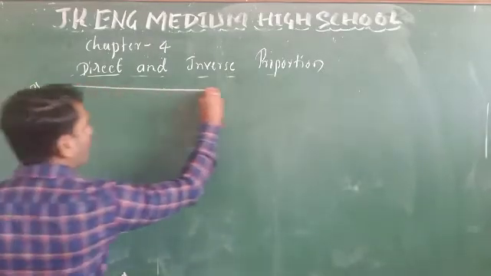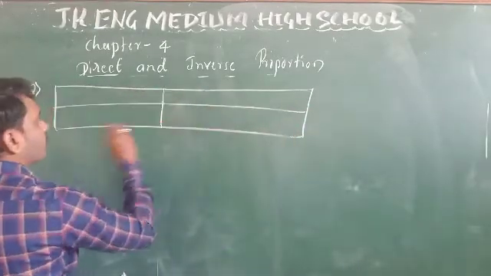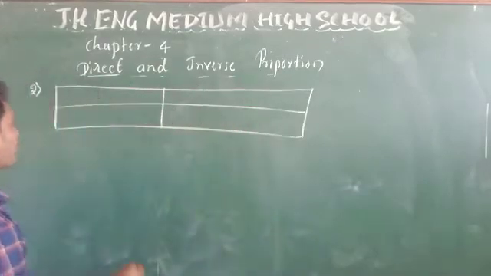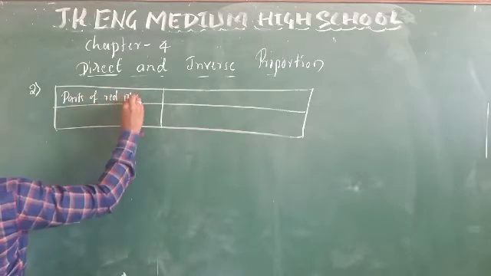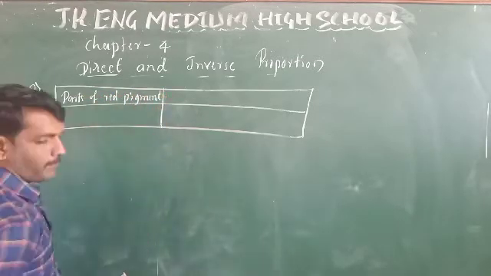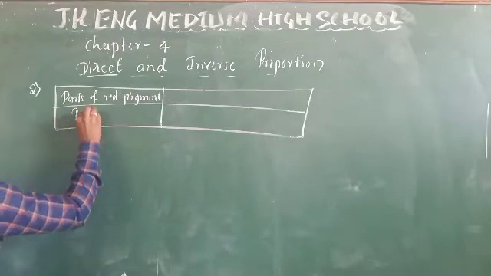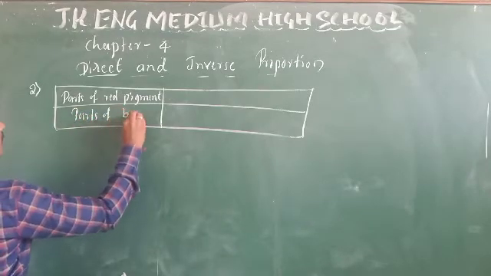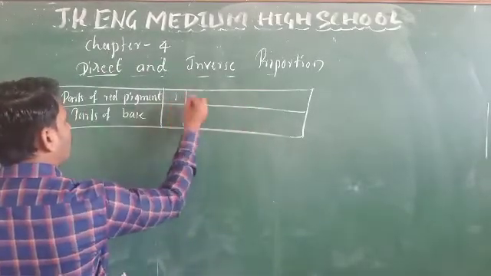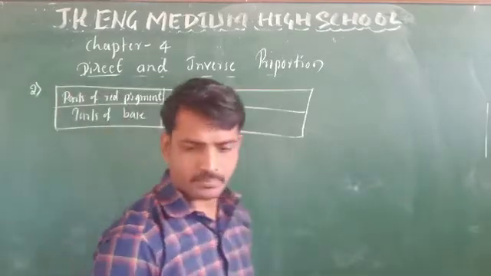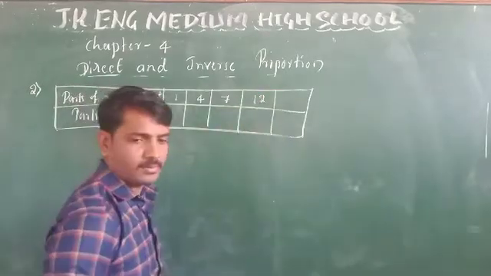Question number 2. This is the table. First one, parts of a red pigment, parts of base. So 1, 4, 7, 12.